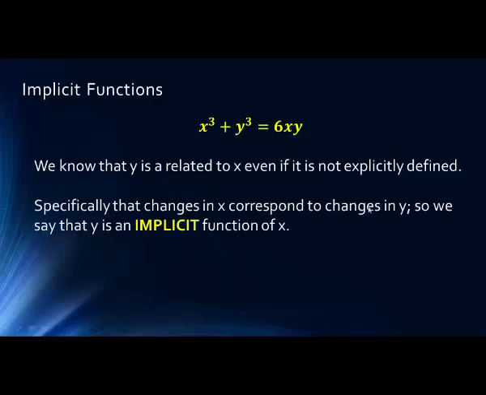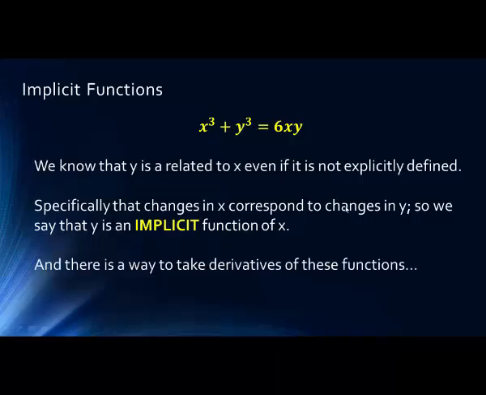Specifically, this says that changes in x correspond to changes in y. So, again, we say that y is an implicit function of x because we know that as x changes, y changes. Okay? And there is a way to take the derivatives of these functions, and we call this implicit differentiation.